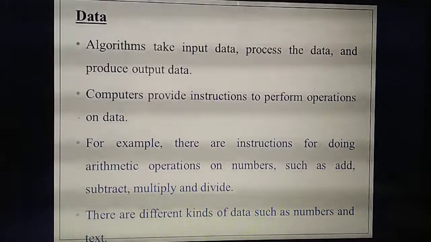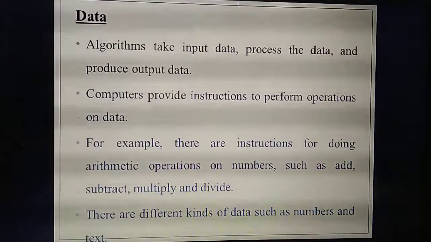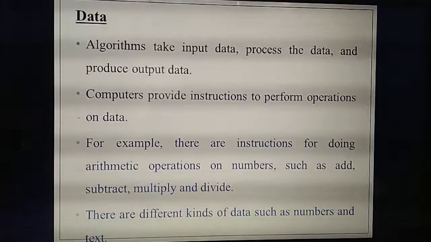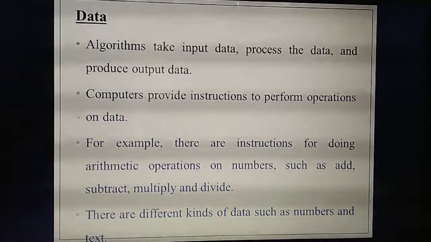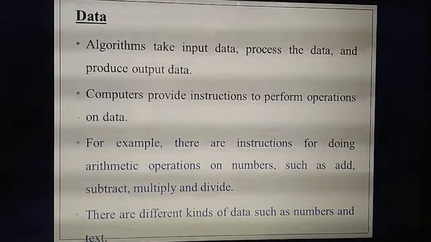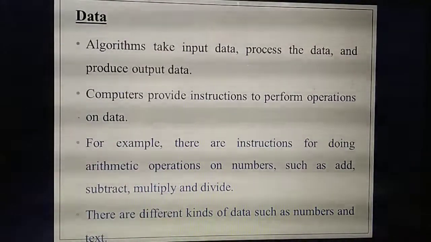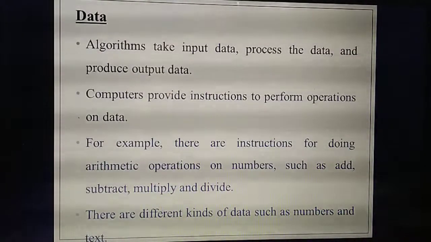So computers take input based on instructions. Similarly, the same example to prepare coffee: first, what are the ingredients needed? That's the input. Then the process or instructions: take a bowl, pour the water in it and then milk, then put the coffee decoction, then filter it.